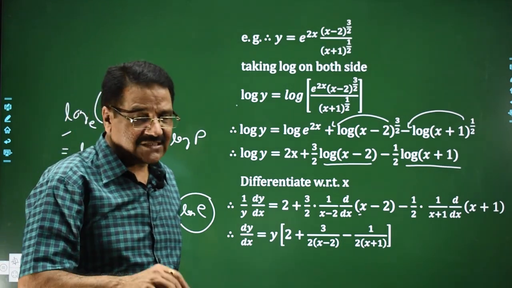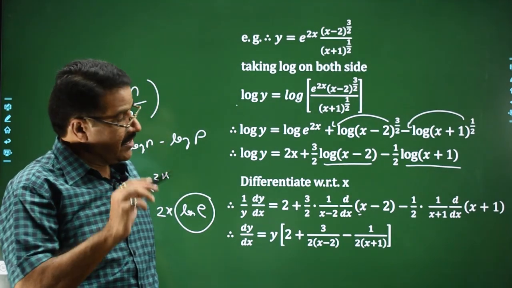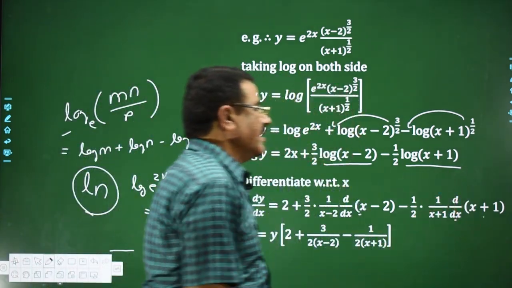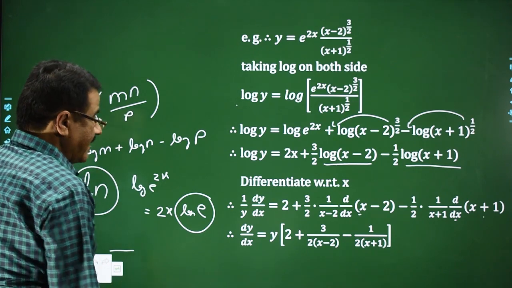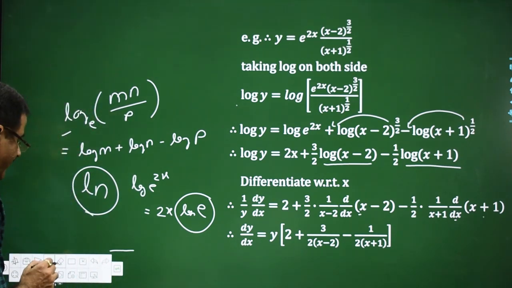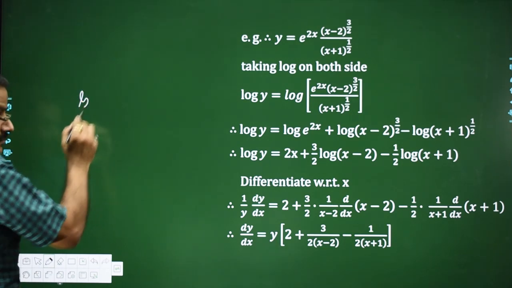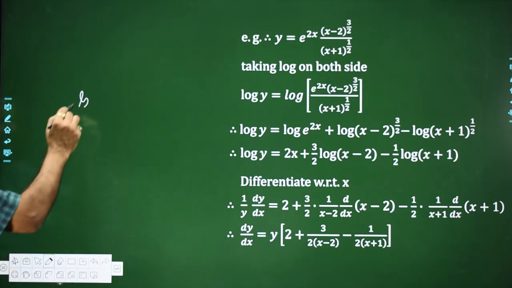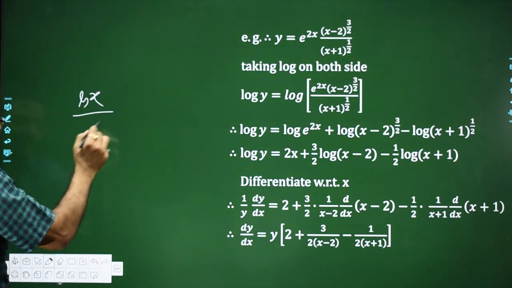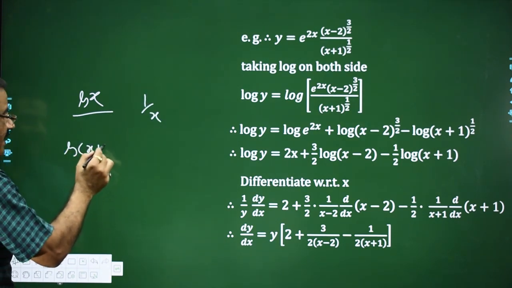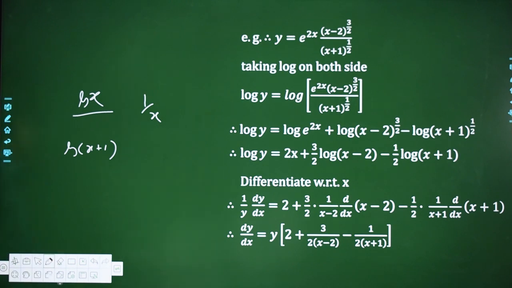If it is only x, then that is not called a chain rule, it is x plus 1, and that is why here we have to write down in this manner. So, understand particularly when we are using chain rule, if there is only log x, in this case derivative is 1 upon x, but if it is log of x plus 1, we have to apply the chain rule.